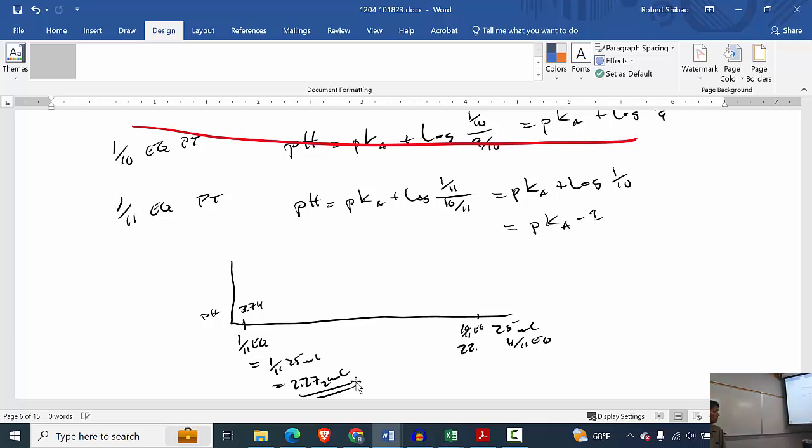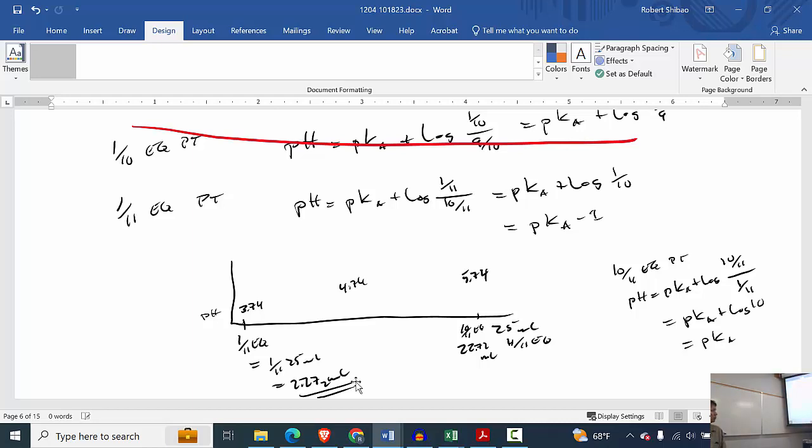At 22.72 milliliters, the pH is very easy to determine, because 10/11ths has been converted into base. That means I only have 1/11th reactant left over. So this is pKa plus the log of 10, which is 1. And so this is pKa plus 1. I'm going to go up to 5.74.